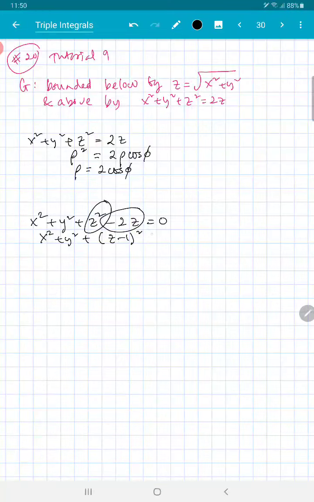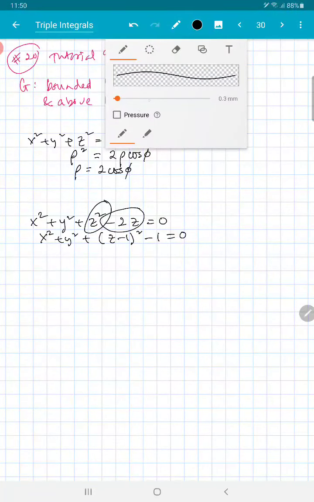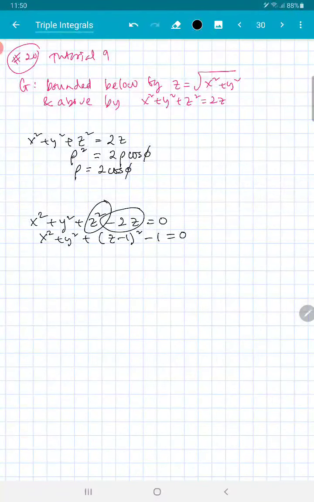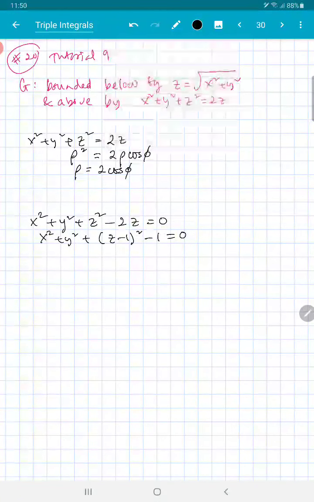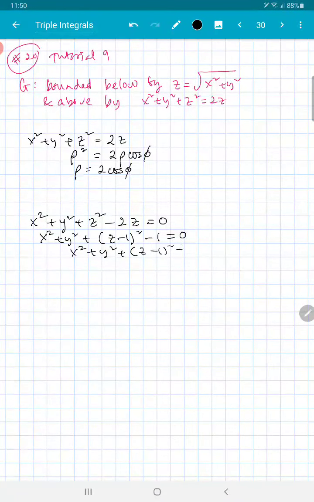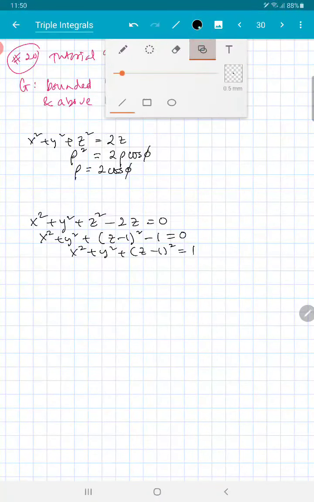We don't have that originally, so we have to take away 1 so that we still have the same equation. Rewriting this, we get x squared plus y squared plus z minus 1 squared equals 1. So you can see that this is a sphere of radius 1, with the center at 0, 0, 1.